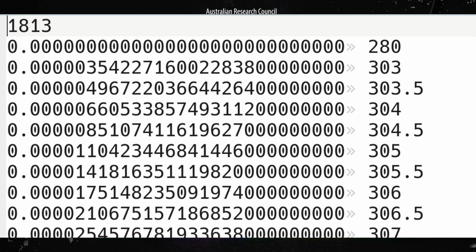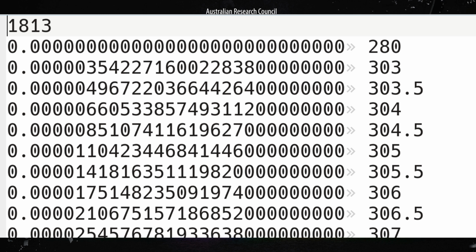The first row of the file gives the number of rows of data in the rest of the file. Then there are 2 columns. The first column is a probability, which must be from 0 to 1. The second column is a wavelength in nanometers.